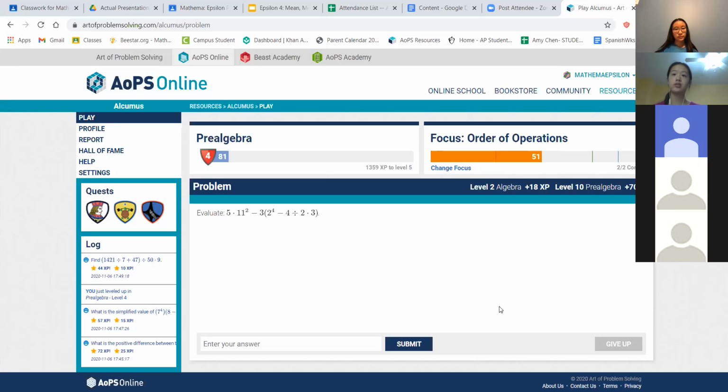Remember for this one, you need to start in the parentheses, and then the exponents, and then multiplication, division, then addition, subtraction. Okay, we have an answer of 579.